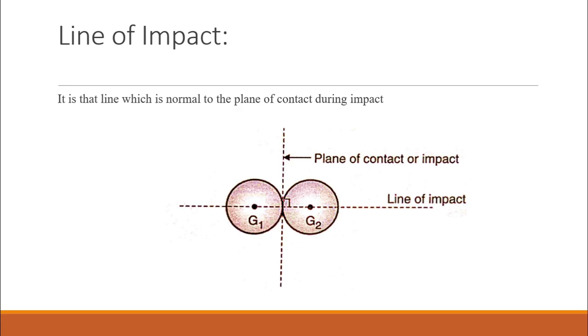This vertical line is the plane of contact, which is the plane on which two particles take impact, and this horizontal line is our line along which the particles collide with each other.